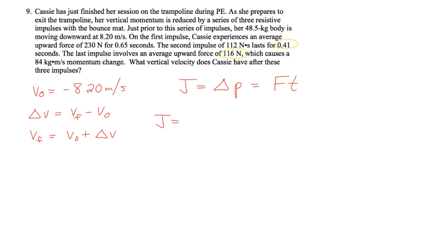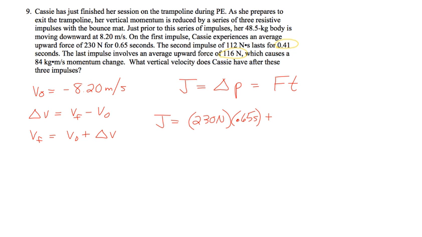So in this case, it's going to be 230 newtons, and since it's upward, I'm going to call it positive. So it's a positive 230 newtons times 0.65 seconds. That's the impulse from the first one. Then the second impulse of 112 newton seconds lasts for 0.41 seconds.